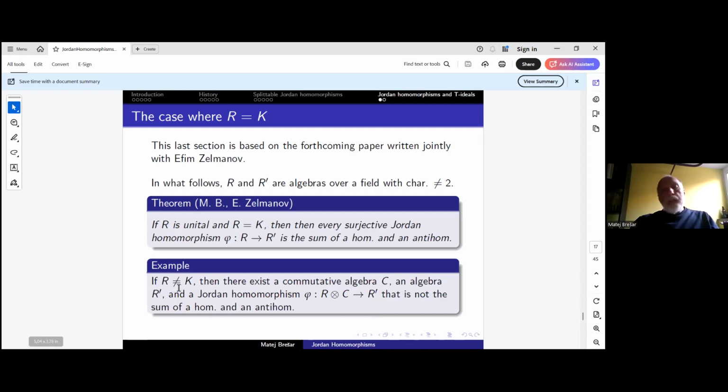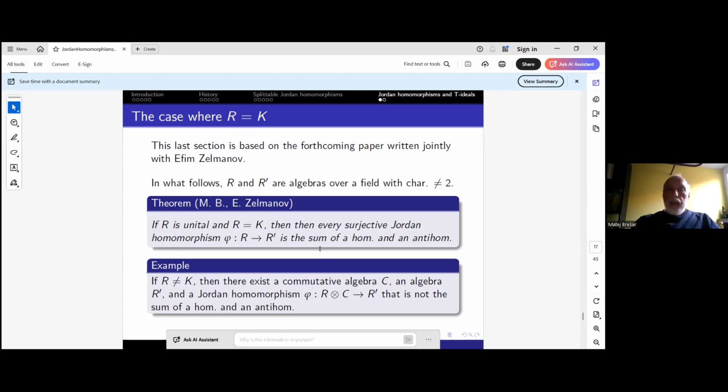Among the corollaries, I'm mentioning only one, which suggests that the commutator ideal is very natural here. If the ring is not equal to the commutator ideal, then we can extend it by tensoring with some commutative algebras, and then we can produce a Jordan homomorphism that is not standard on this extension.